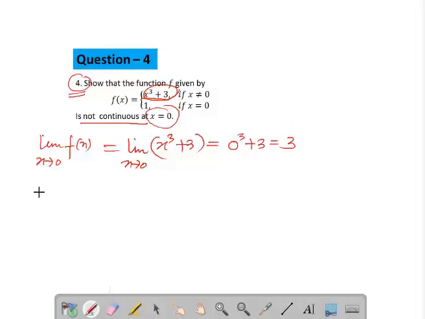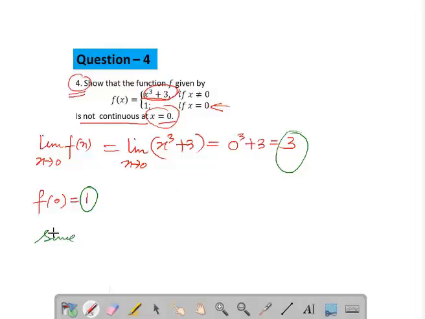Next is f of 0, right? We need to find f of 0. So f of 0 value is 1 here. When x equals 0, the function value is 1, so it is 1. Okay, now we're going to compare. The limit value is 3 and the value of the function at x equals 0 is 1.